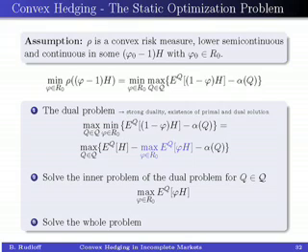So the first step will be to deduce the dual problem with Fenchel duality. And you see that the dual problem has the same objective function here, and just the min-max turns into a max-min. And this is very helpful because it makes it possible to go one step further.